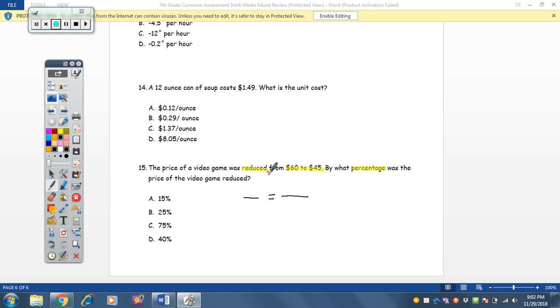Reduced is like percent change, percent increase, percent decrease, discount, reduce, tax, tip, all that, right? So we know we need a percent. We are looking for the percent it reduced.